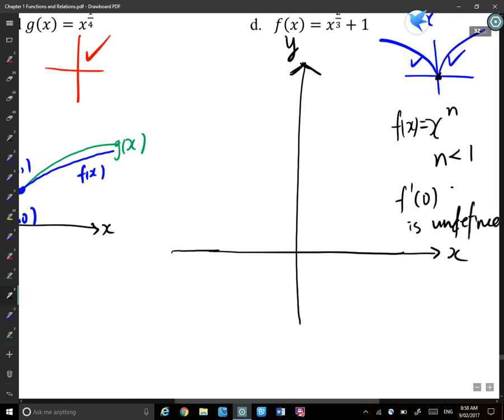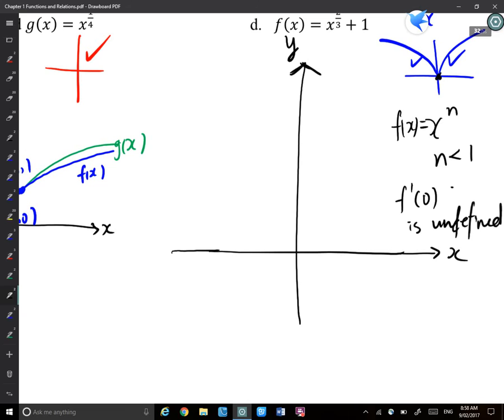Because that's a vertical tangent, the gradient is undefined at that point 0.